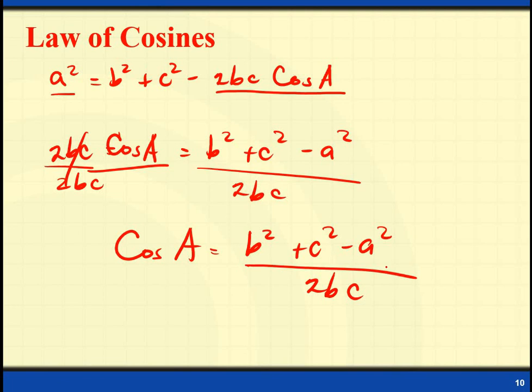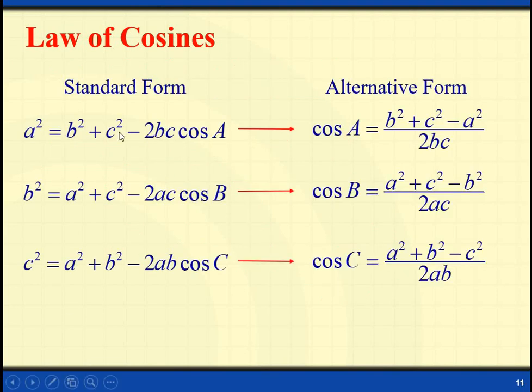Okay? Therefore, if you're going to look at this, these are now our complete formulas. A squared is equal to B squared plus C squared minus 2BC cosine A. The alternative formula is here. B squared, you're going to look at the pattern. Again, it's all similar to the first formula, the original formula that we had.